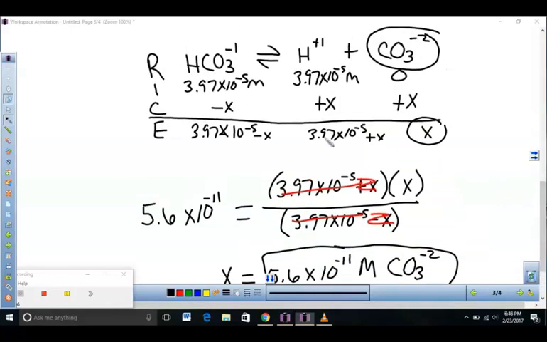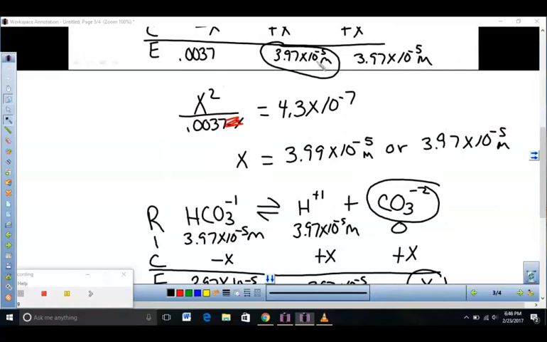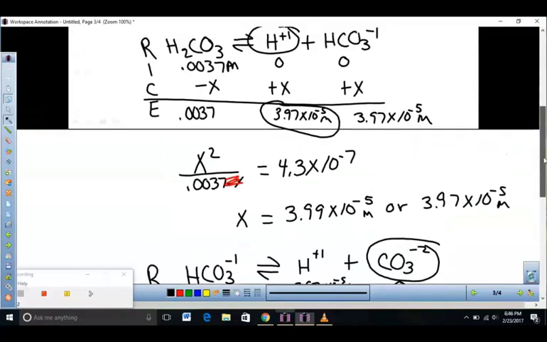If you'll notice, 3.97 times 10 to the negative 5th, and we're going to add x to it, and x was 5.6 times 10 to the negative 11th. If I add this number and that number together, look at the power difference. It's essentially the same number, but I had them do that and take the negative log of it to find that pH. And then I had them just take the negative log of the original number.